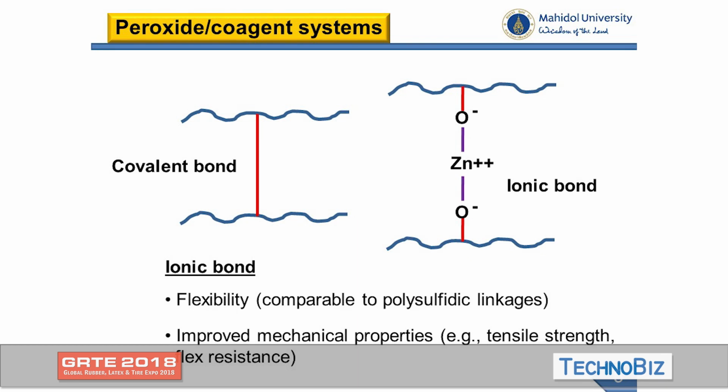In the case of the ionic bond, it can behave just like the polysulfidic linkage, which is more flexible compared with the covalent bond. So, the advantages of the ionic bond are high flexibility comparable to the polysulfidic linkage, together with improved mechanical properties, for example, tensile strength and flex resistance.